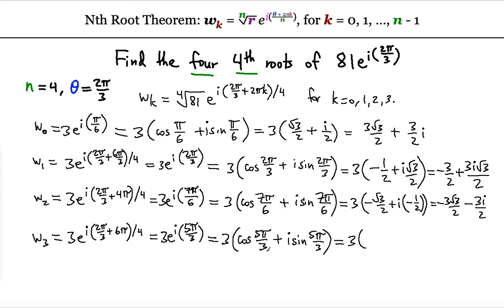In quadrant 4, the cosine is positive, the sine is negative. So the cosine of 5 pi over 3 is positive, it's 1/2 in fact, and the sine of 5 pi over 3 is negative, it's minus radical 3 over 2. So this result is 3/2, just distributing the 3, minus 3i radical 3 divided by 2.